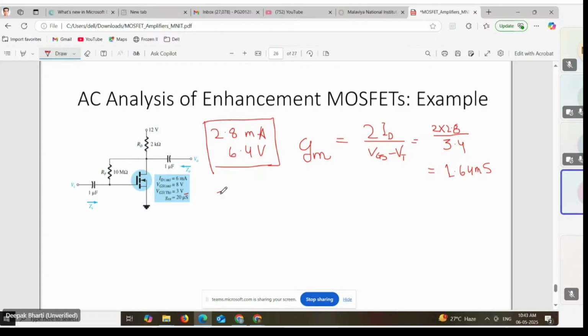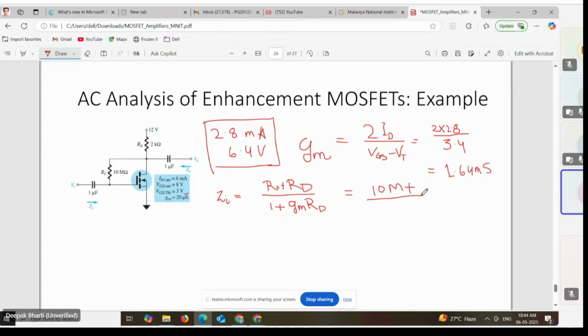So what is the ZI for this? We have determined it was RF plus RD upon 1 plus GMRD. So what is RF? RF here is 10 mega ohm. And what is RD? RD is 2 kilo ohm. So 2 kilo ohm is negligible with respect to 10 mega ohm. So let's not write this 2 kilo ohm.